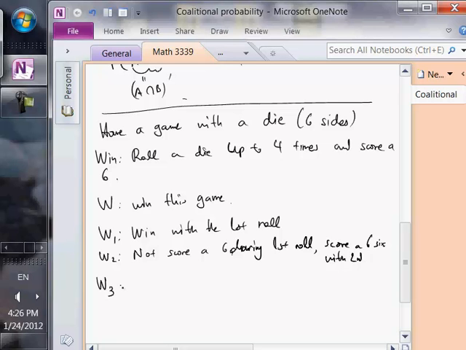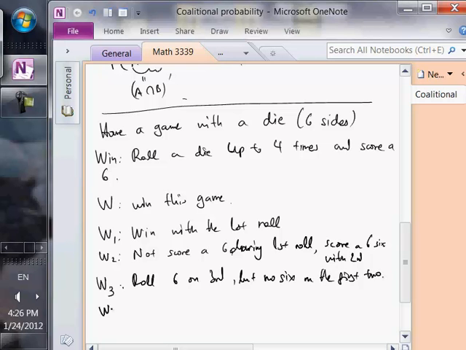So what is W? What should be W3? Yeah, you roll the 6 on the third, but no 6 on the first 2.